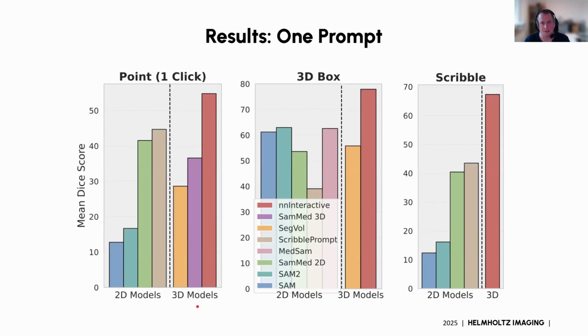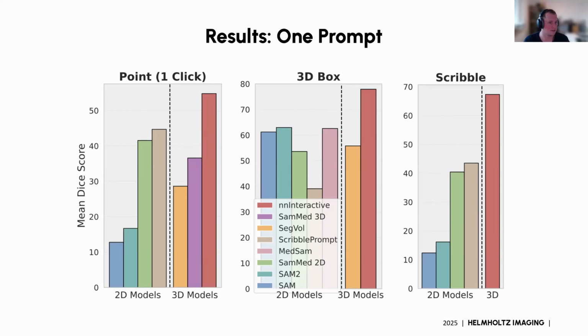This slide shows results for a single interaction. So no real interactivity, just a single prompt and the result, to see what's the initial performance of the different methods. And this also allows us to nicely compare with a large number of methods, because not all of them support refinement. What we are seeing for nnInteractive is the red column, and of course it performs the best across different prompting styles.